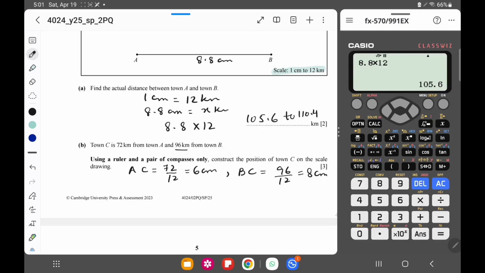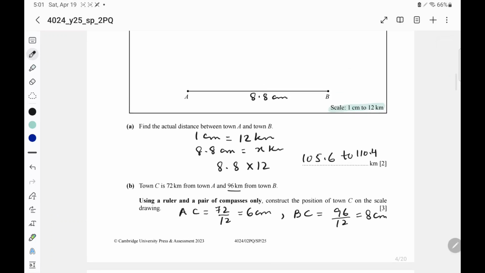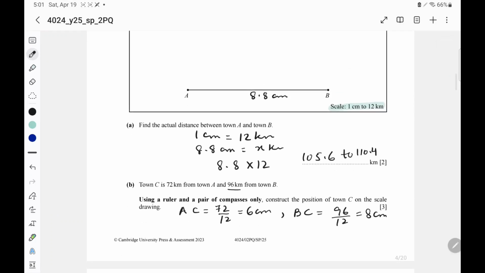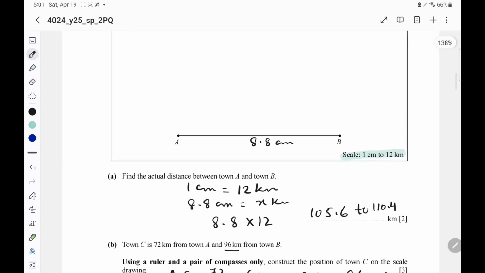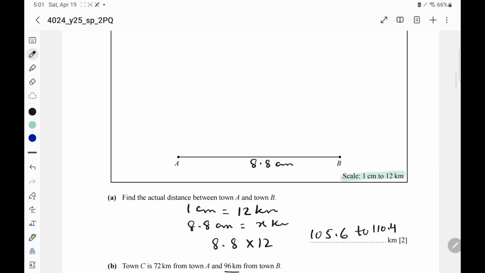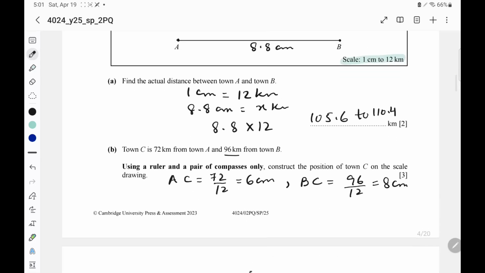So what do you do in this question? You just have to take your pair of compasses and ruler and then do it. For example, I'm not using it, but I'm explaining how you do it. AC is equal to 6 centimeters, so open your compass and measure 6 centimeters, and from A, just keep your needle at A and draw an arc to get the point C. And then BC is 8 centimeters.